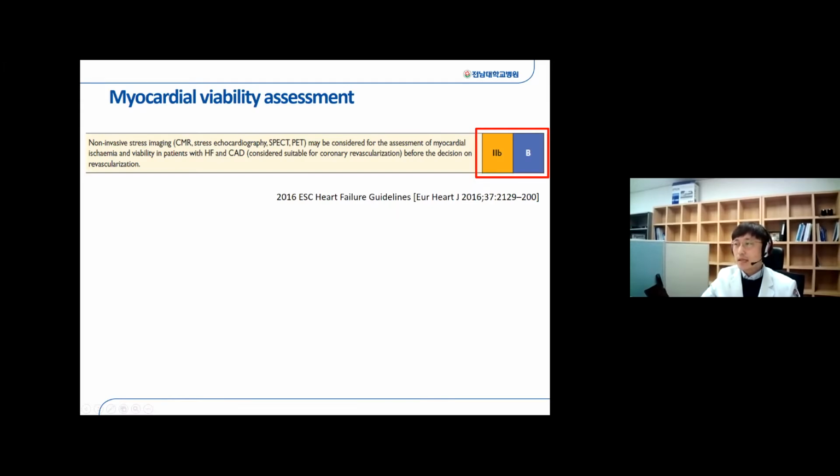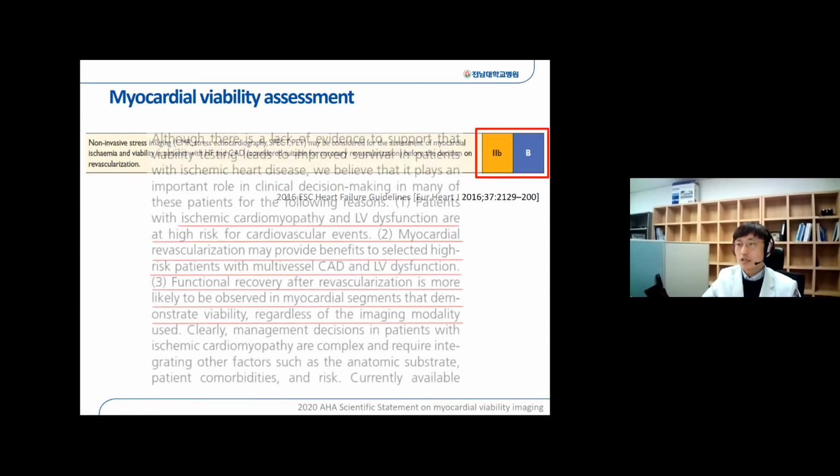It is not based on strong evidence from randomized clinical trials, but only observational studies show the value of viability testing, so the level of evidence is only B. So we can recommend viability testing in patients with ICMP, but it is not a forceful recommendation or mandate in such patients.